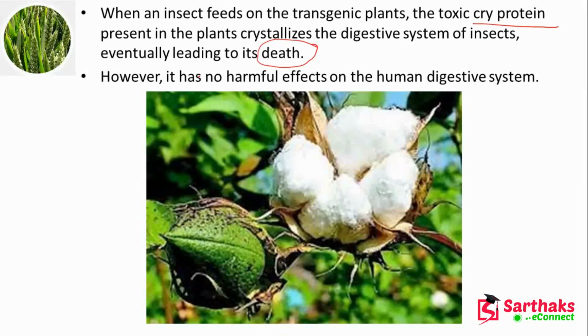That means it has no harmful effects on the human digestive system. It is only harmful for the digestive system of the insects. So we are free, that means we can take this. Also, if we cultivate more and more BT crops, we do not have to follow those pest control things.